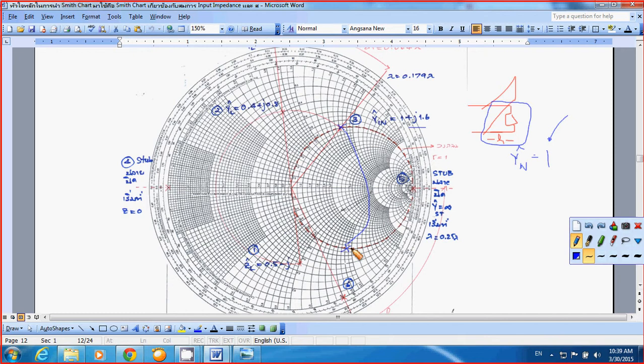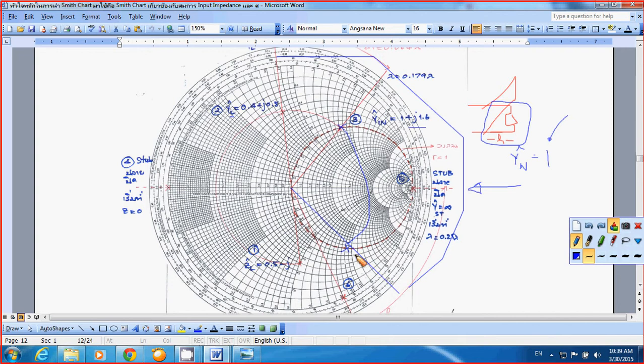So that means when you start from YL normalized here, you end up with the other position here, and that means that the length of the line, the position from the load to the left here, has to be further from the load.